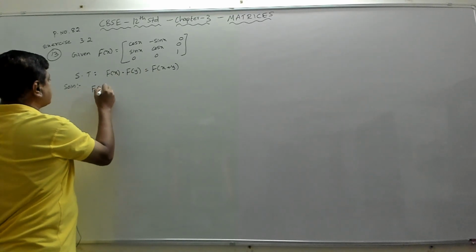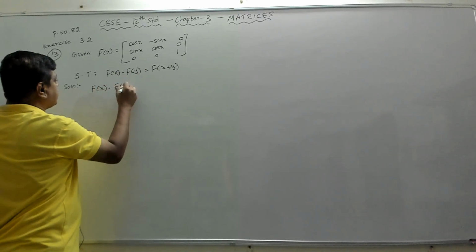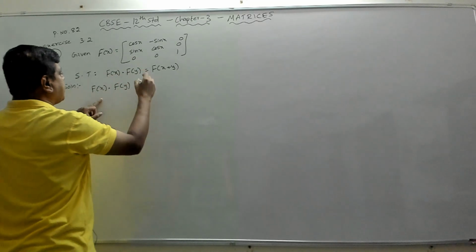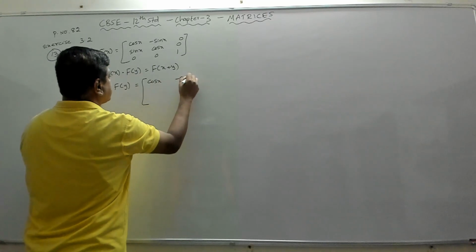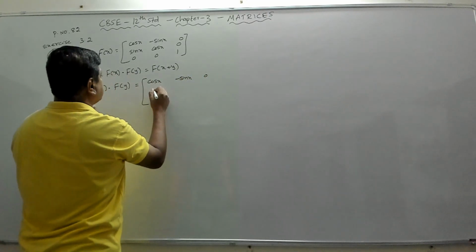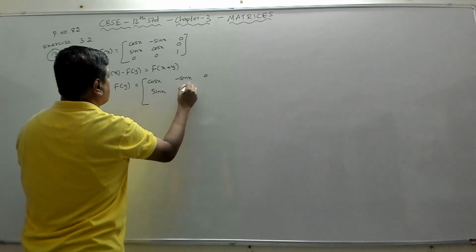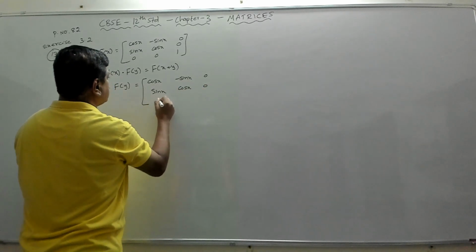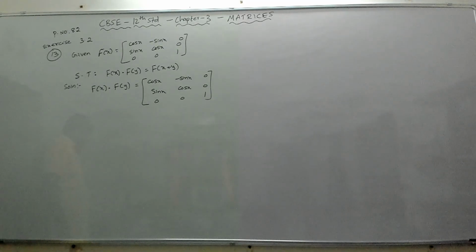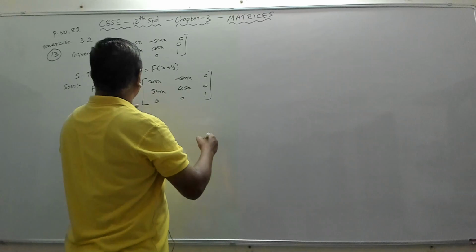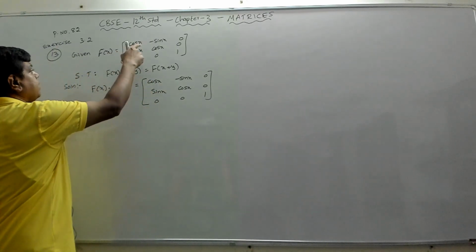So f of x into f of y will be equal to, f of x is this matrix, which is cos x, minus sin x, 0, and sin x, cos x, 0, 0, 0, 1. So this is our capital f of x. Then our f of y will be, wherever x is there, we have to put y.